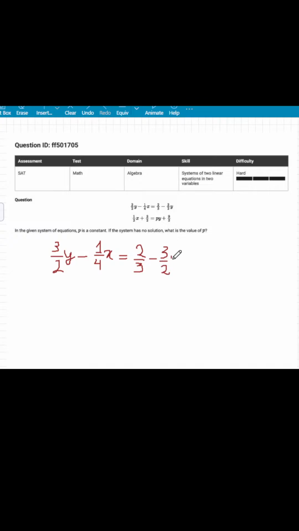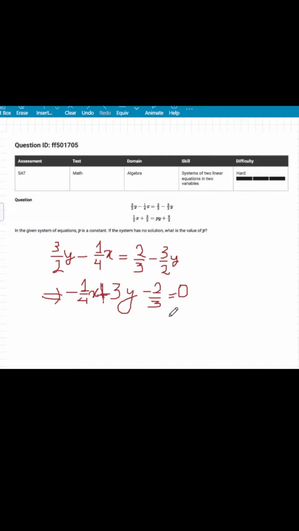Let us write it in the standard format, putting all the terms on one side. We get minus 1 by 4x, and if you bring this 3 by 2y here, it will be plus, so 3 by 2y plus 3 by 2y, which is 3y, minus 2 by 3 is equal to 0.